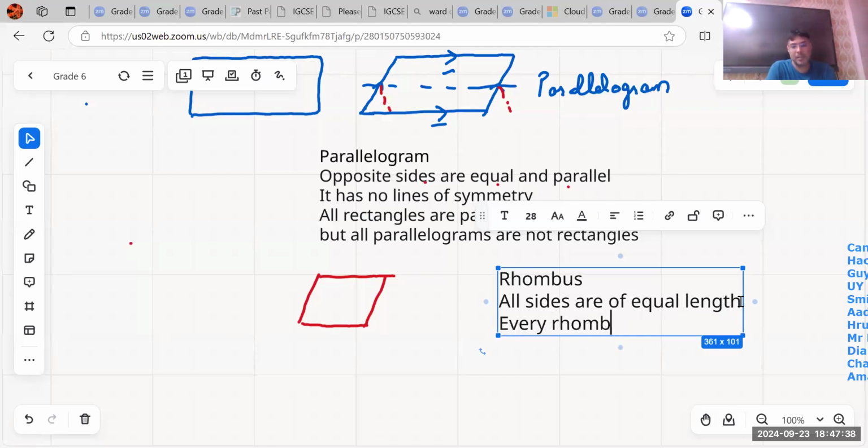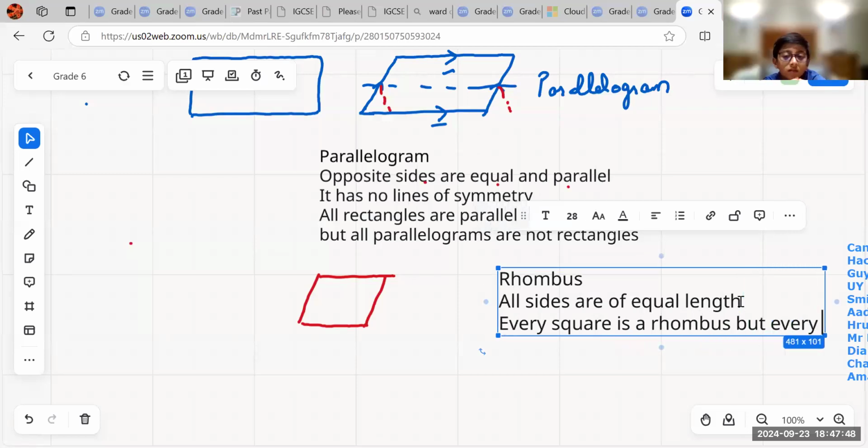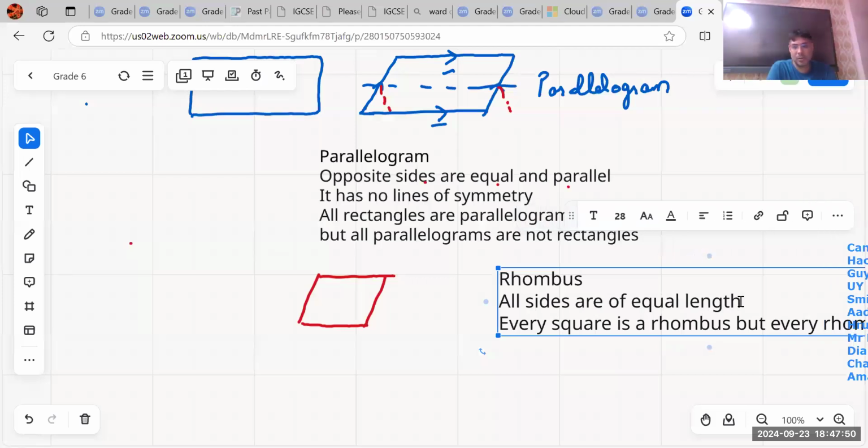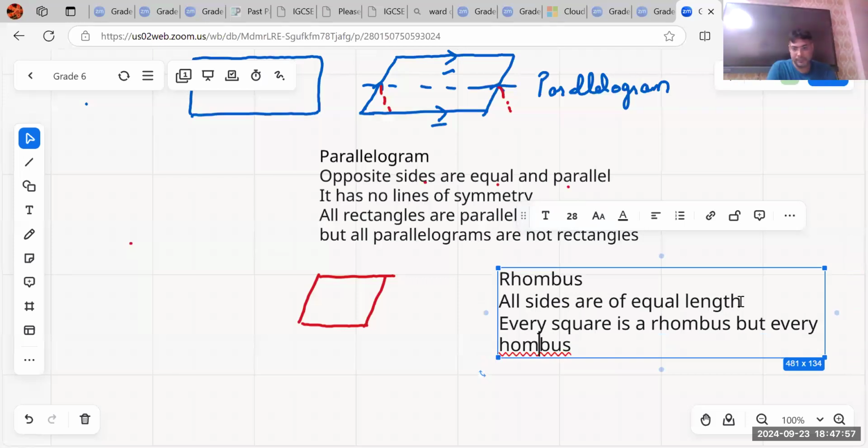Every square is a rhombus, but every rhombus is not a square. Sir, do rhombuses have lines of symmetry? Yes, they have.